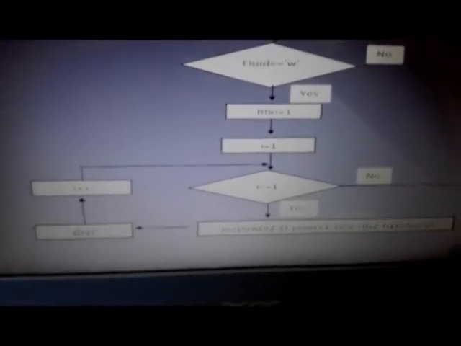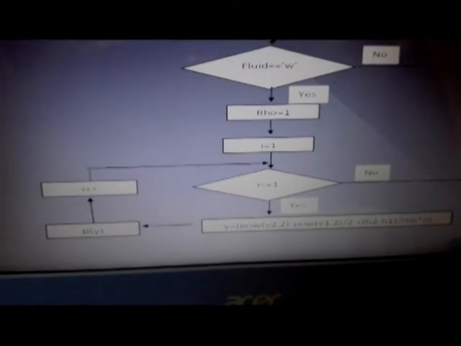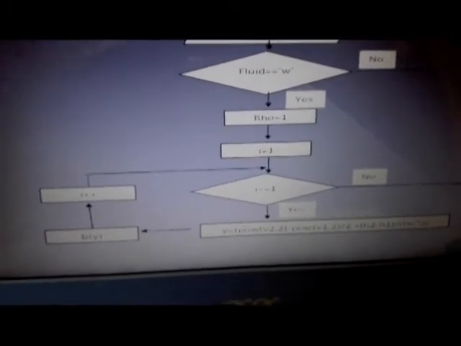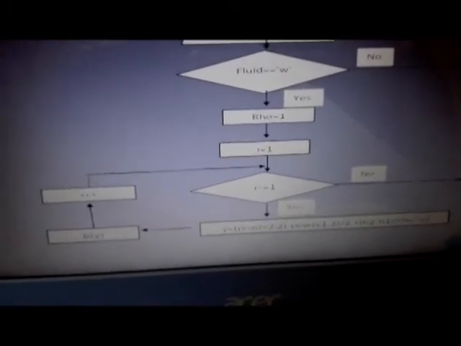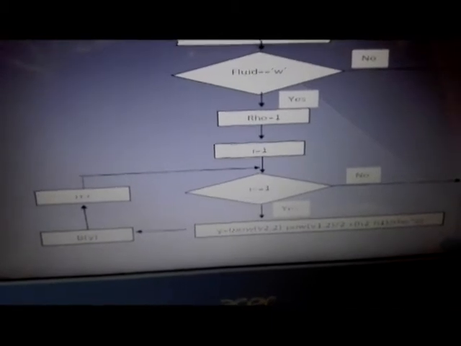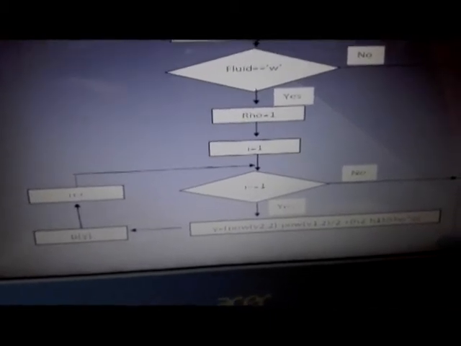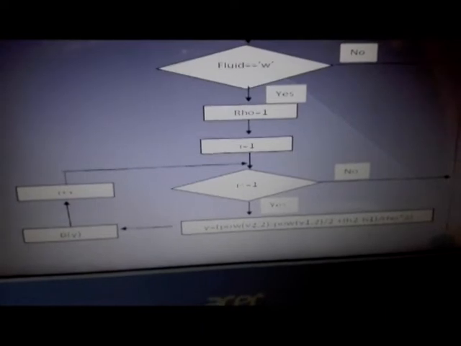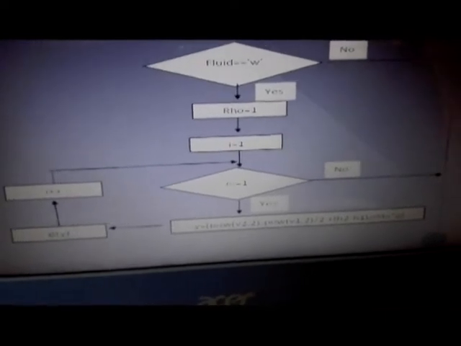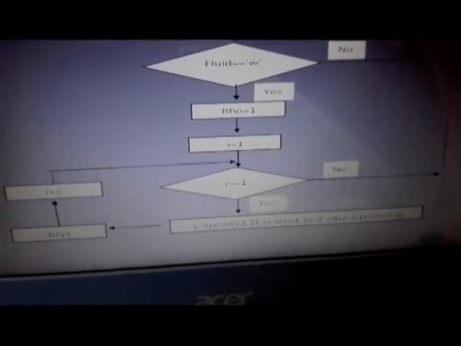Then it proceeds to the process, where y represents the pressure difference: V2 squared over 2 minus V1 squared over 2 plus H1 minus H2, over rho g.